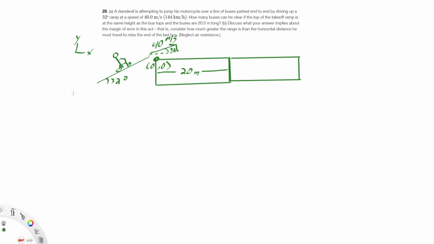Okay. So again, in kinematics, there's 4 vectors we're usually interested in: acceleration, initial velocity, initial position, final position. So what's acceleration in this case?